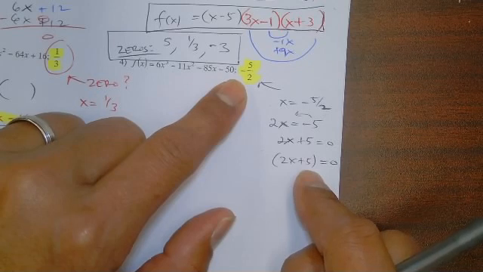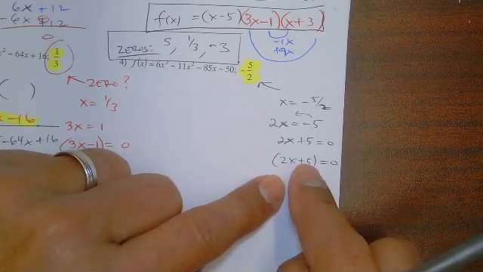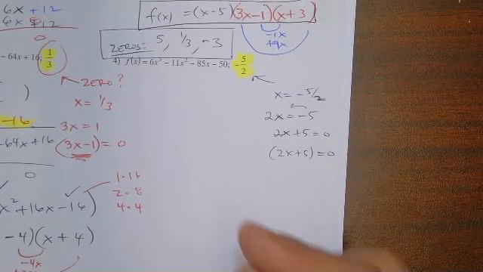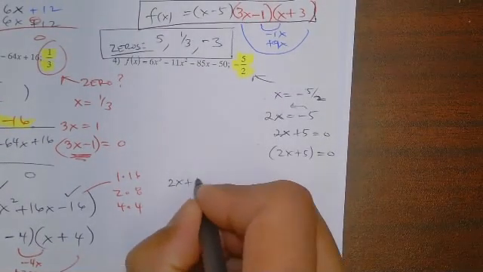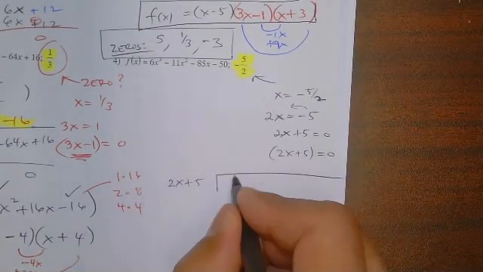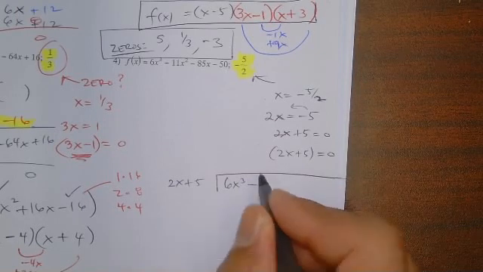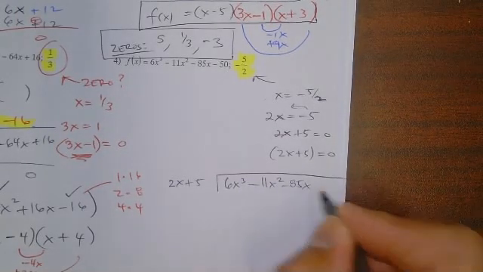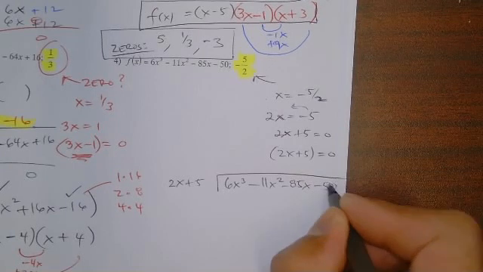That's another form of this zero, right? It's the same thing, just in another form. If I solve 2x plus 5, it'll give me negative 5/2. That's what you need to divide the polynomial by. So 2x plus 5 into that polynomial.